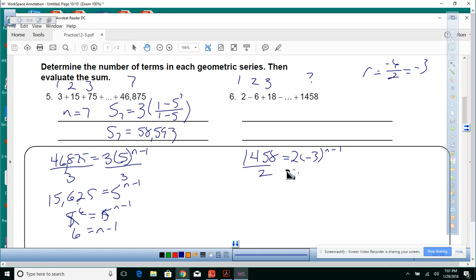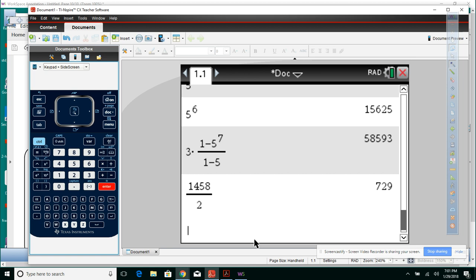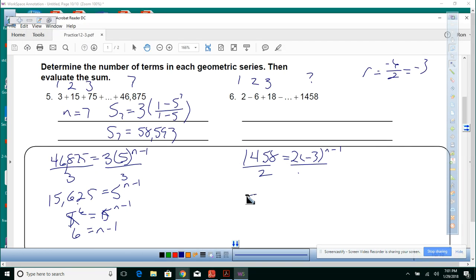Divide both sides by 2. I got 1458 divided by 2, 729. 729 equals negative 3 to the n minus 1. So that's positive, right?